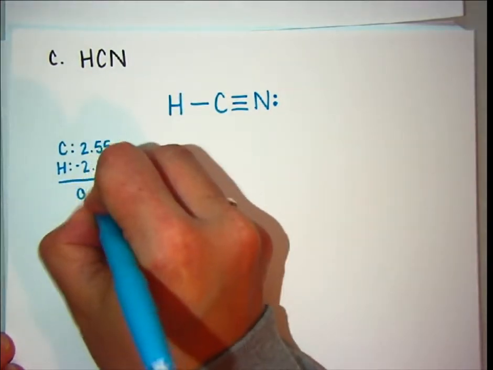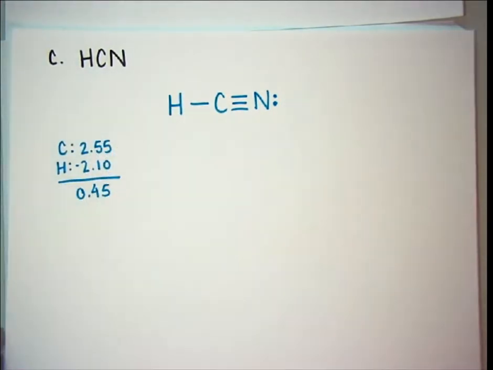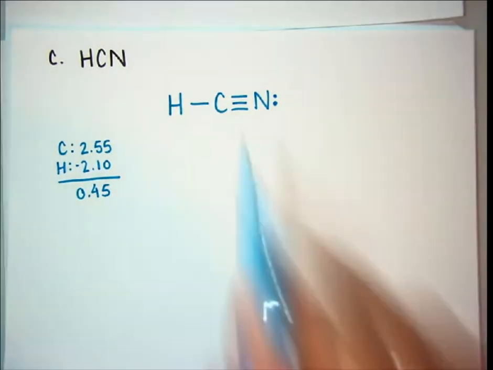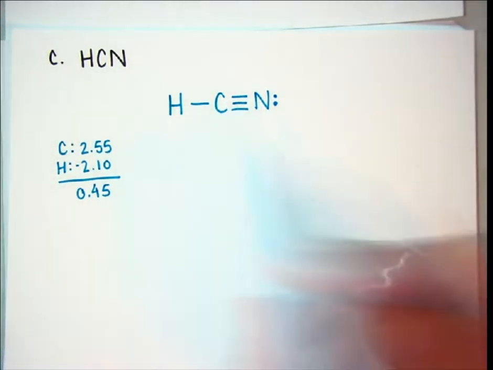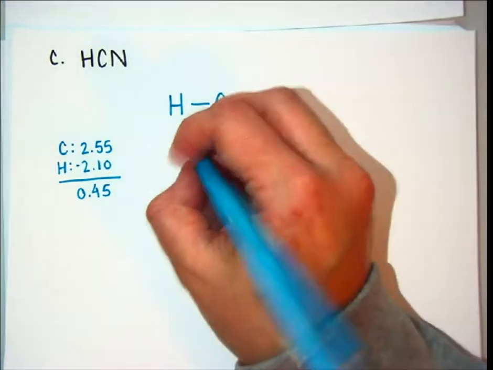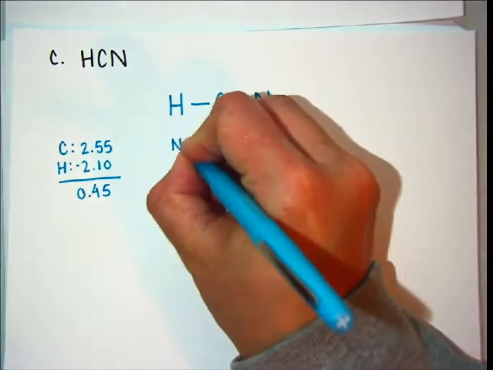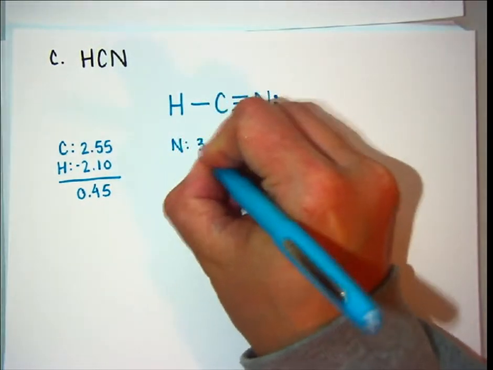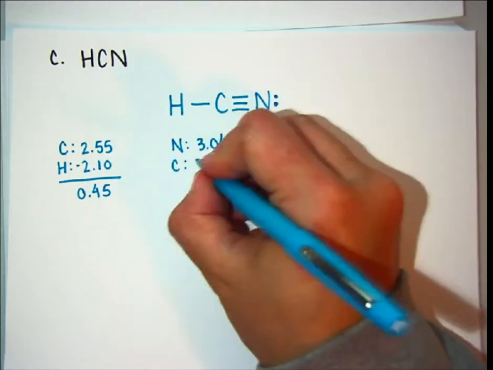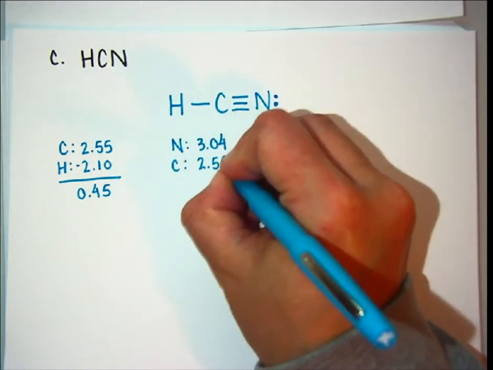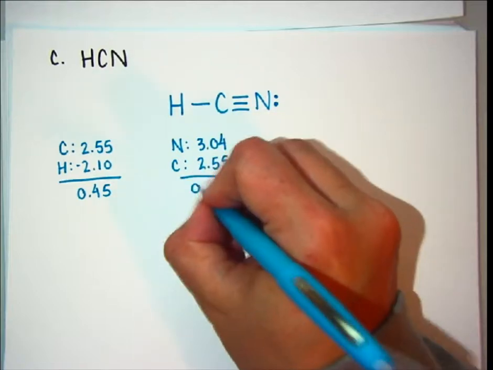So that gives me a difference of 0.45. I also have bonds between carbon and nitrogen. So what if I wanted to know, is this bond polar or nonpolar? Nitrogen is 3.04, and again, I'm just getting these numbers from our resource packet. Carbon is 2.55.